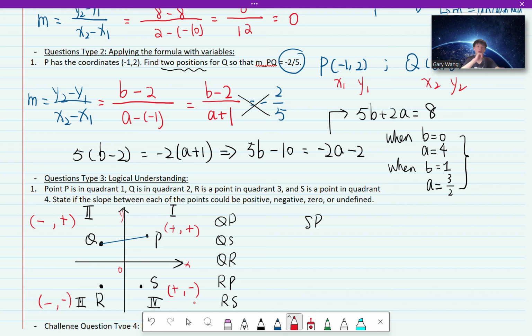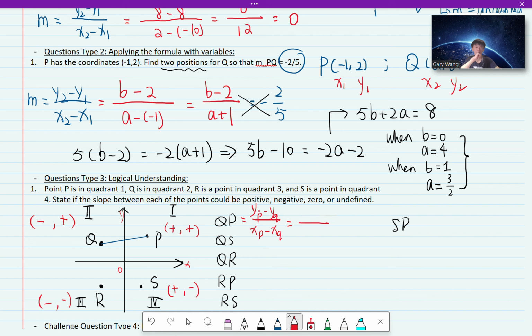If we want to calculate the slope of QP, we would have the y value of P minus the y value of Q, over the x value of P minus the x value of Q. We want to make it very consistent.